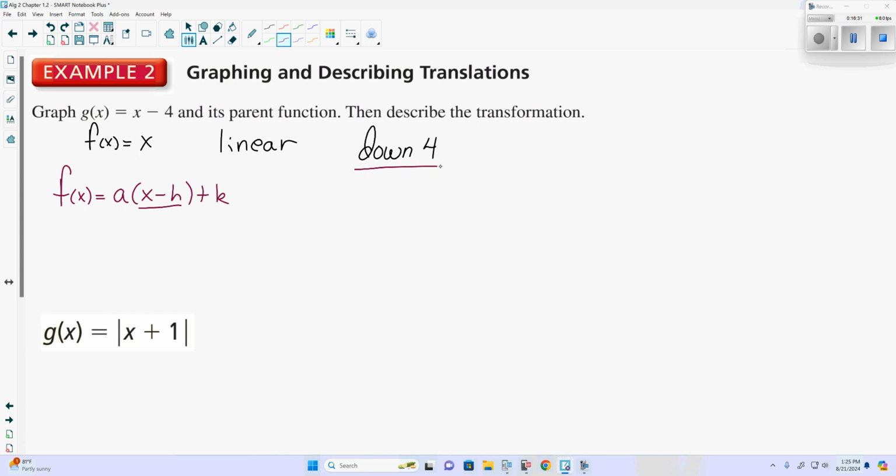Down 4, it should drop down 4. It gives us an idea of what the graph should look like so we know how it should behave. We can predict what it's going to do. And that's the key. Because if we can do that, that's going to help us. If not, the graphing calculator can help us. That makes sense? Because it's more about getting a picture than having a firm understanding and being able to graph this meticulously.